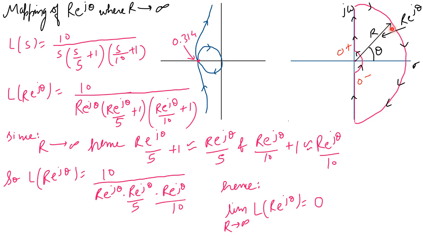So first we substitute s equals r e power j theta. This is just the polar form of s equals sigma plus j omega, written as r e power j theta. Now you can say that L(s) is equal to 10 over r e power j theta into (r e power j theta/5 + 1) and (r e power j theta/10 + 1).